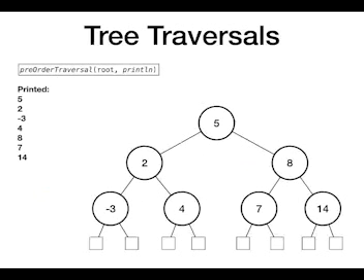So pre-order traversal, if we look at our tree and do a pre-order traversal, we're going to print these in this order. So we're going to visit the root first, print it, visit the left child through a recursive call, print that, visit the left child through a recursive call, print that. 2 nulls, that just returns and does nothing.